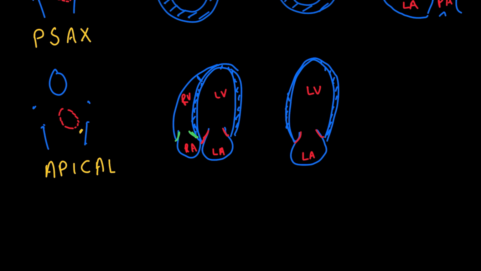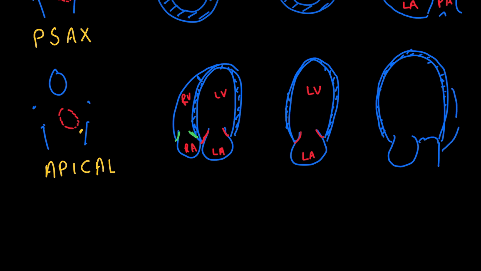And then if you rotate it another 60 degrees, you'll see something like this. You'll see the left atrium that empties blood into the left ventricle. You'll see the aortic valve, and you'll see the aorta. And let's just give a little thickness to the left ventricle there. And you'll see the right ventricle right up here. Now this may be familiar to you.